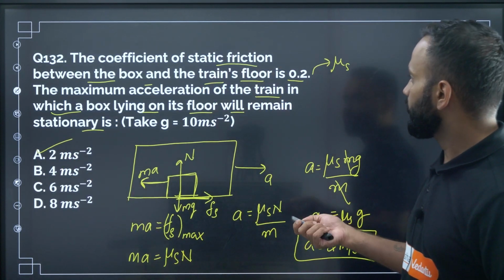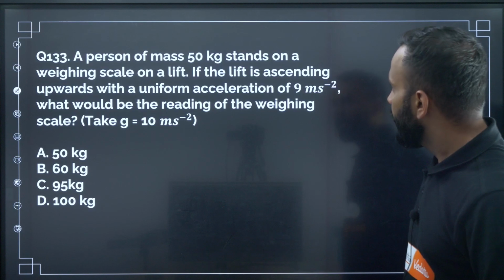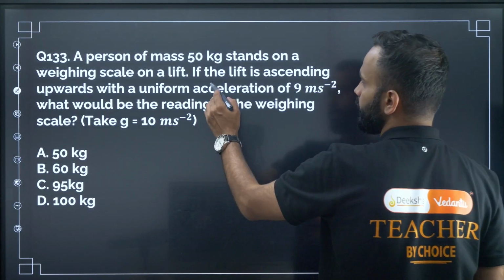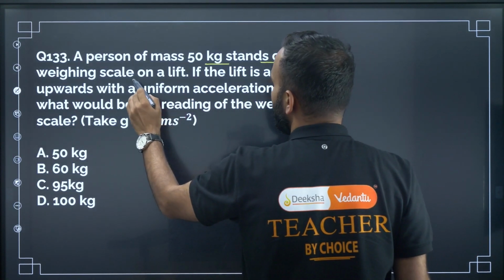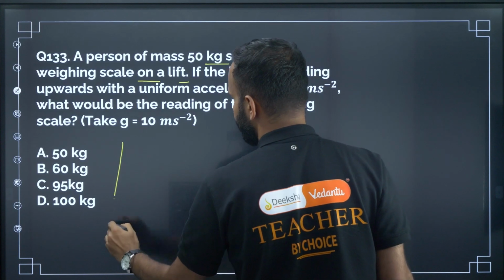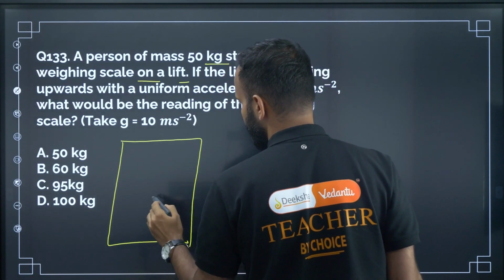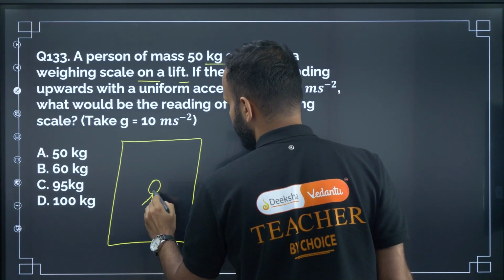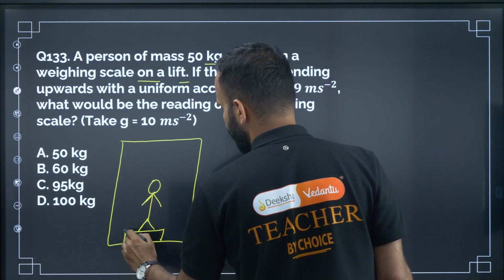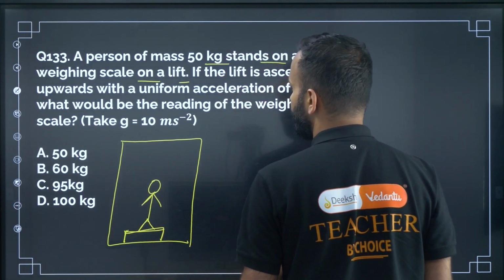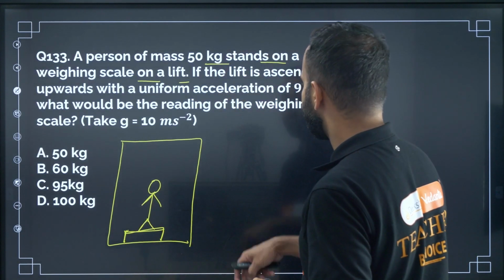Understood? Next question, question number 133. A person of mass 50 kg stands on a weighing scale on a lift. Here, this is the lift, and the person is standing on a weighing scale on the lift.